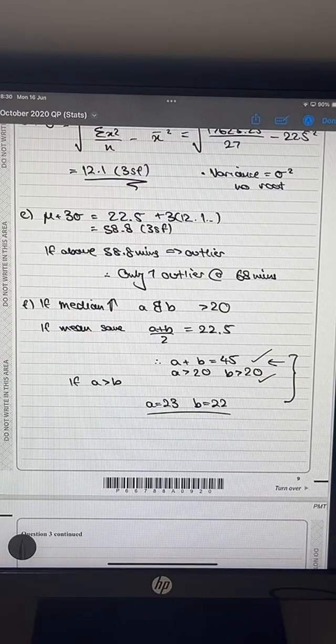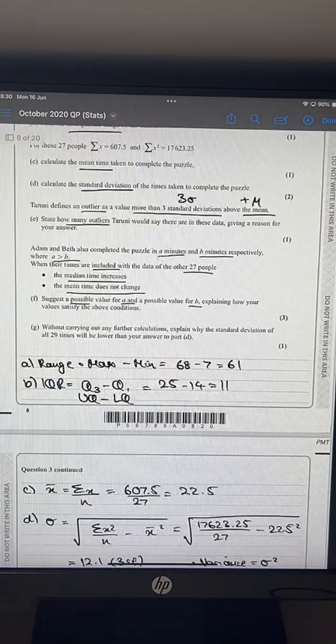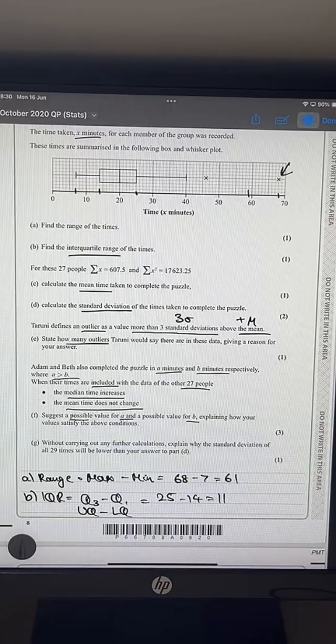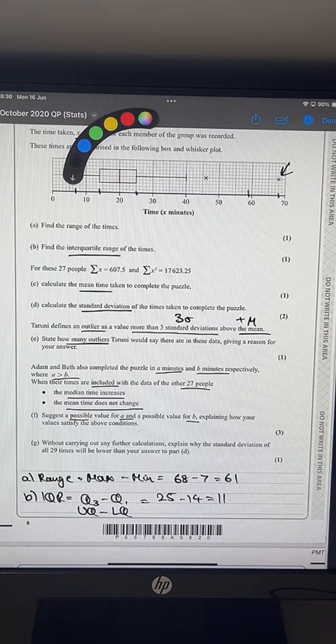I don't understand. Okay, I'm going to go through it again, and this time we're going to try and visualize a number line with different times on it, okay? So they're telling me that Adam and Beth also completed the puzzle in A and B minutes, where A is greater than B, so A took longer than B. When their times are included with the rest of the 27 people, the median time increases. So here, I'm going to use a blue.